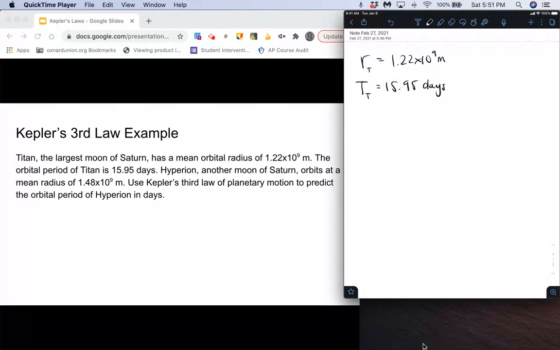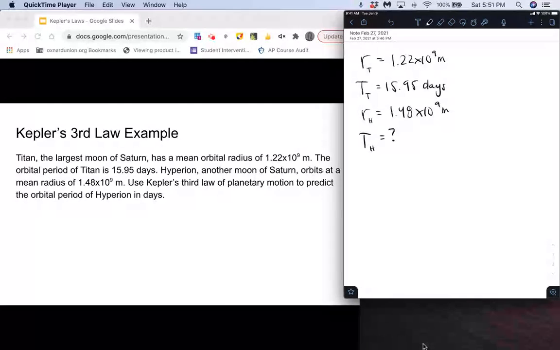And then we have Hyperion, another moon of Saturn, orbits at a mean radius of R Hyperion equal to 1.48 times 10 to the ninth meters. And it says use Kepler's third law, and we want to find the orbital period of Hyperion in days.